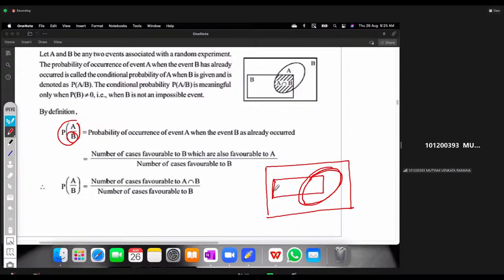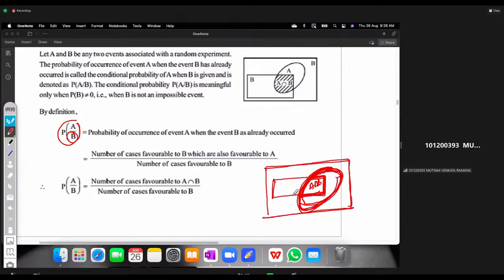What is the probability of occurrence of A? Here this is A intersection B. So the chance of occurrence of A is probability of A intersection B out of probability of B only, because this is the universal set, but I am sure that B has already occurred.